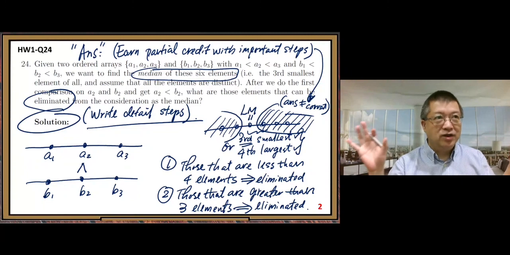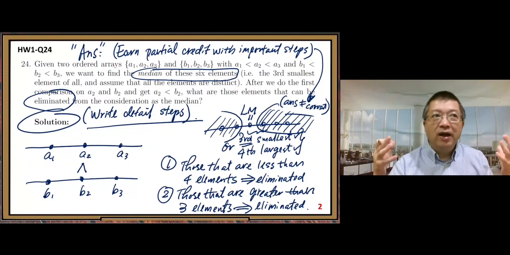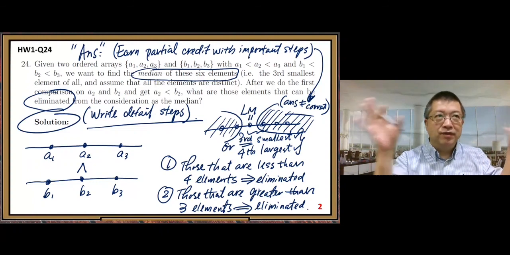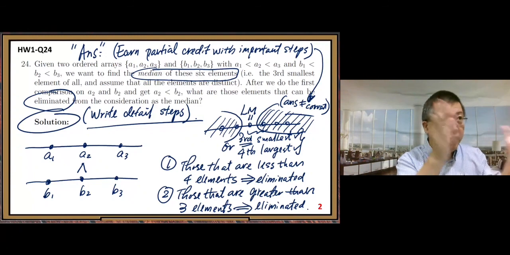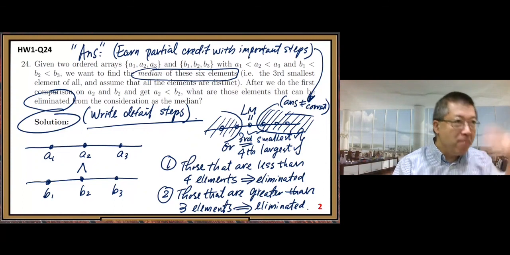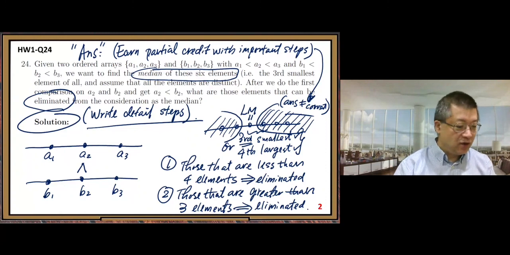These 2 blocks you should consider. If you can identify those elements in these 2 blocks, then those can be eliminated from consideration. Try to eliminate as many as possible. All right, so that's question number 24.